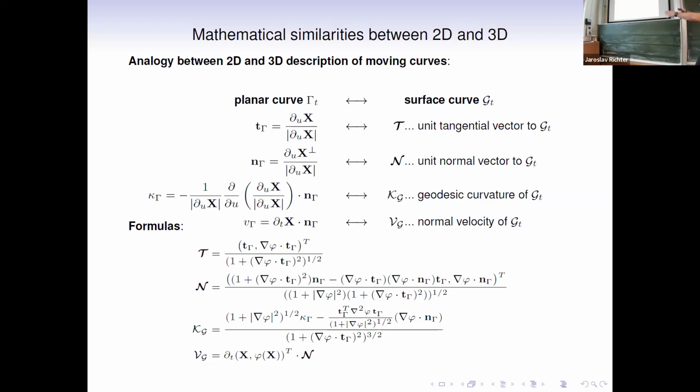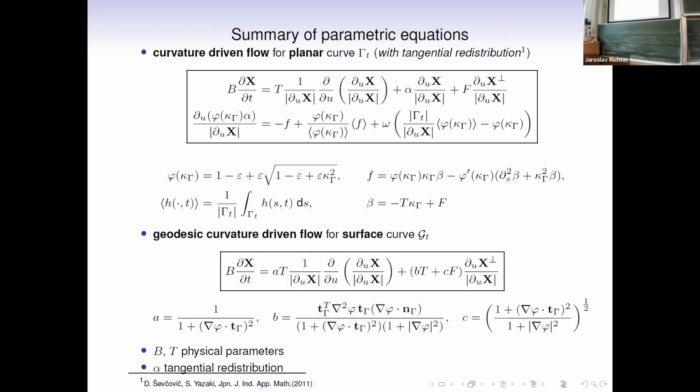So we try to formulate everything by analogies. And here there is the comparison. The original planar model: a system of two degenerate PDEs plus one equation for the tangential redistribution.